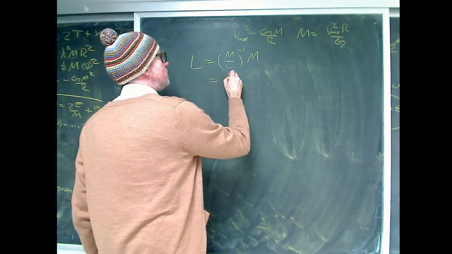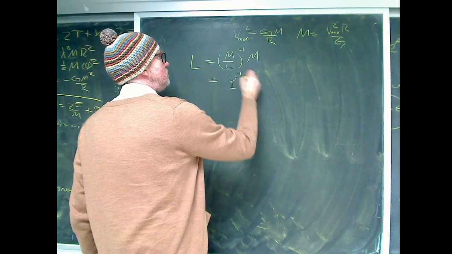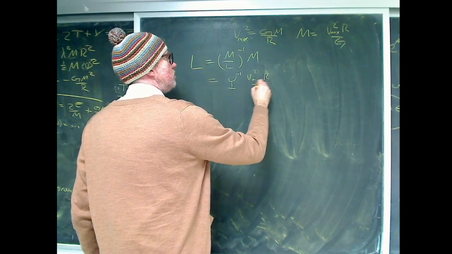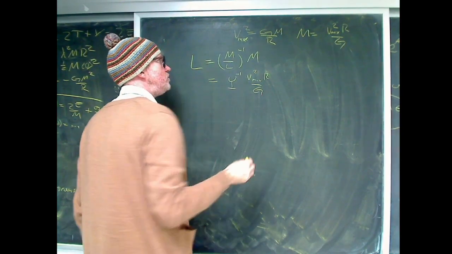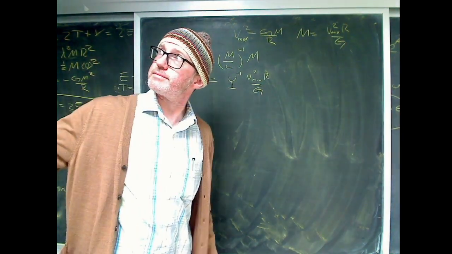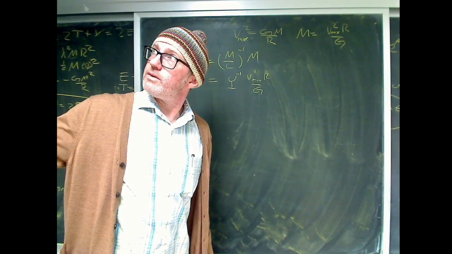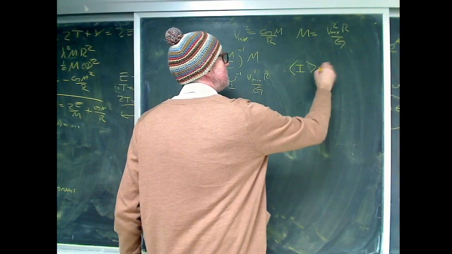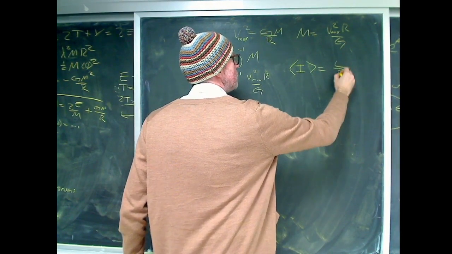So this equals, I called this upsilon before, upsilon times V max squared R over G. We now say that the average surface brightness is going to be the luminosity over R squared.